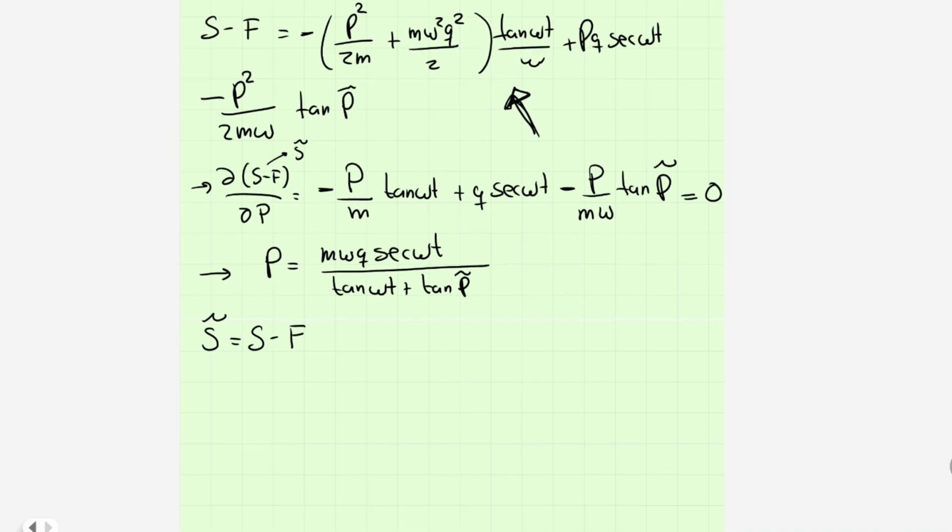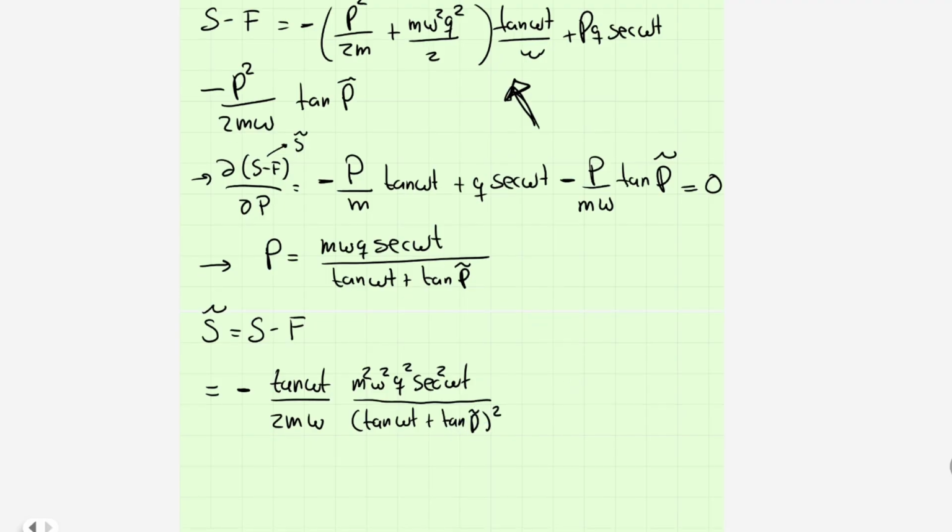We get that s minus f is equal to minus tangent omega t divided by 2m omega times P squared, but that is m squared omega squared q squared secant squared omega t divided by tangent omega t plus tangent P tilde squared.